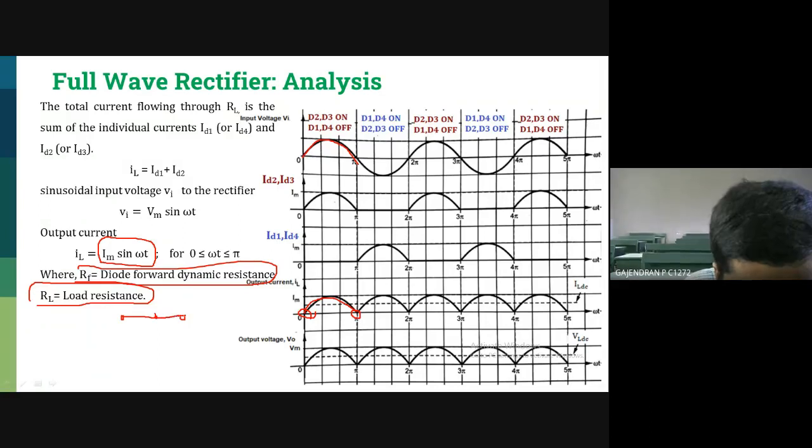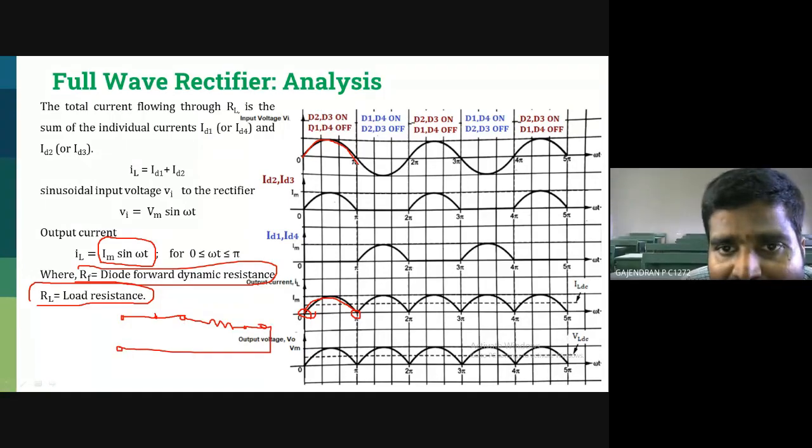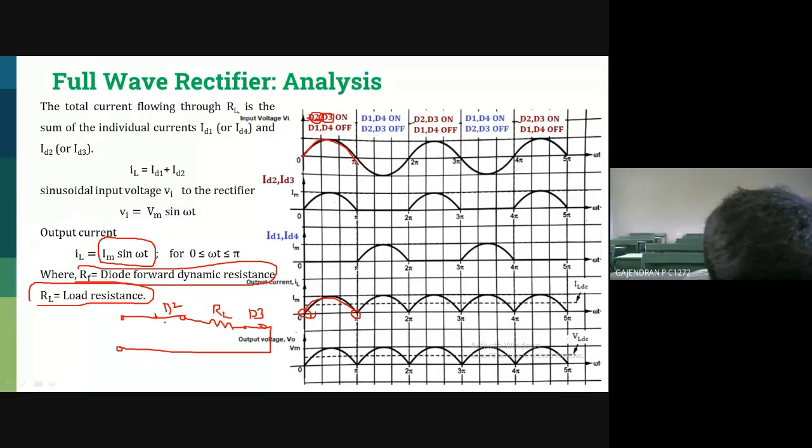So let me consider the path like this. ஒரு positive half cycle மட்டும் நான் இப்ப எடுத்திருக்கேன். So in the positive half cycle D2 and D3 will be on. So this is D2, this is D3, this is my load resistor. So this is the first forward bias resistance, this is the second forward bias resistance.